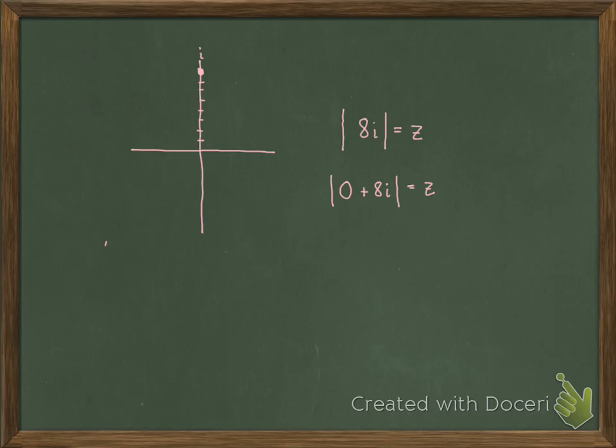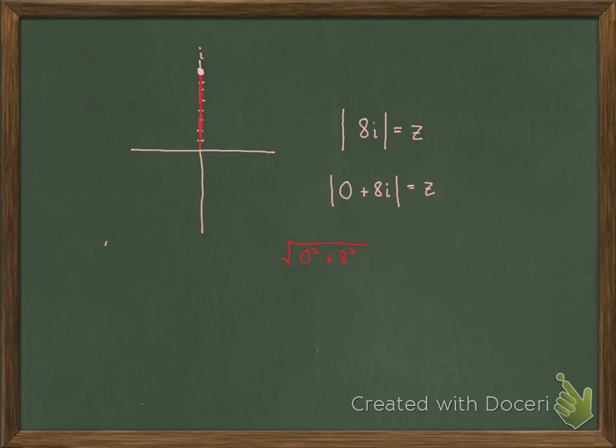And if we want the length of that vector, which is this right here, we are going to do the square root of the real part squared plus the imaginary part squared.